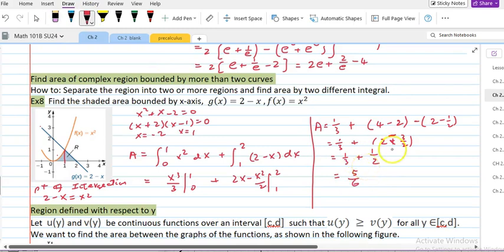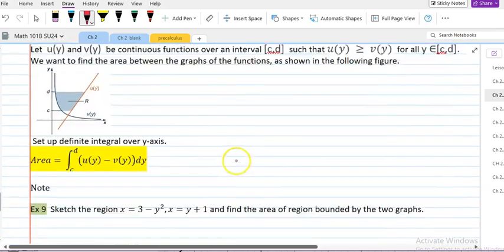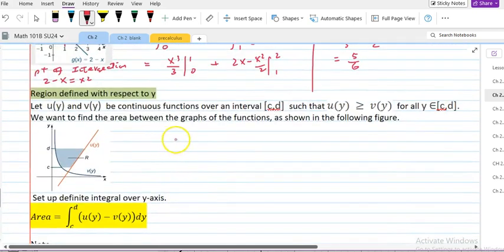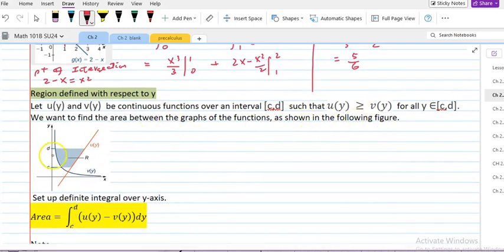This should be right. Okay, so then the second one is when the area is treated in intervals of y. So y is between c and d. We always use c and d for y, and then the function that you were given is not y equal to, it's x equal to.